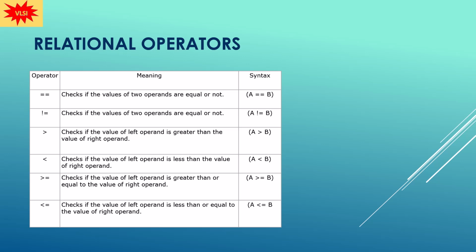Now let's start with our current topic, relational operators. So basically relational operators are the ones where you try to prove some kind of condition. Let's say I have two variables A and B. If I want to prove whether A is equal to B and then execute something, then in that case I use relational operators.